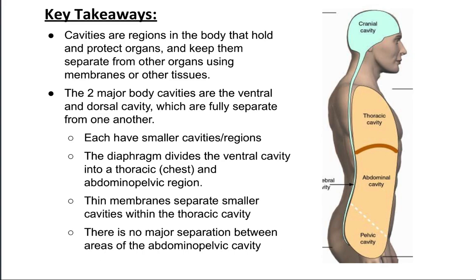However, the only one that actually has tissues that help separate the cavities is the separation between the abdominal pelvic region and the thoracic region in the ventral cavity, and then the smaller breakdown of the cavities within the thoracic cavity in the chest. Okay?